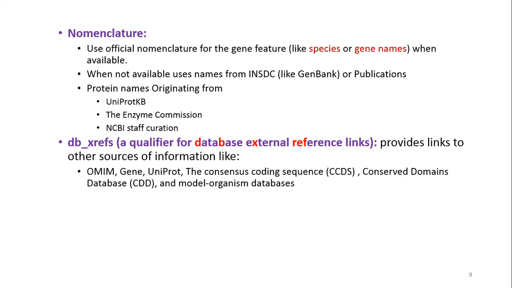This section provides links to other resources of information, like whether this protein or nucleotide entry is associated with OMIM, Online Mendelian Inheritance in Man, or with Gene, or with UniProt, or with the Consensus Coding Sequence CCDS or the Conserved Domain Database CDD. So there are external reference links, and this link will take you to that particular database where detailed information will be available.